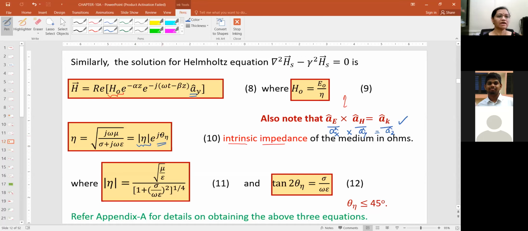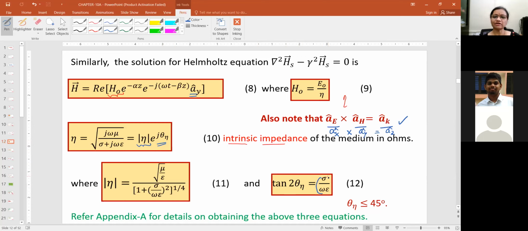The magnitude is given by the expression square root of mu by epsilon, divided by 1 plus (sigma by omega epsilon) squared, the entire thing to the power 1 by 4. And this theta eta is also significant. This theta eta is the angular part of the intrinsic impedance, and tan of 2 theta eta is sigma by omega epsilon.